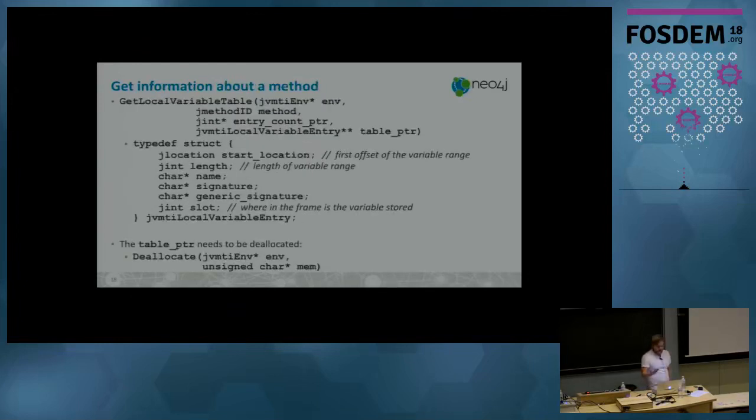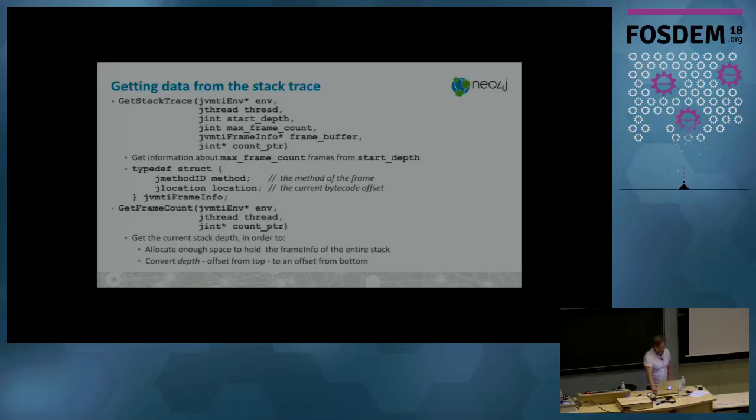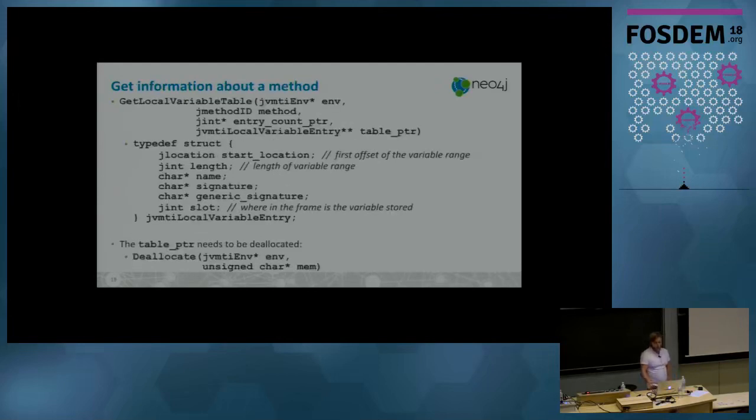So once we have this frame info, we can then use the method ID to get the variable table of that method.